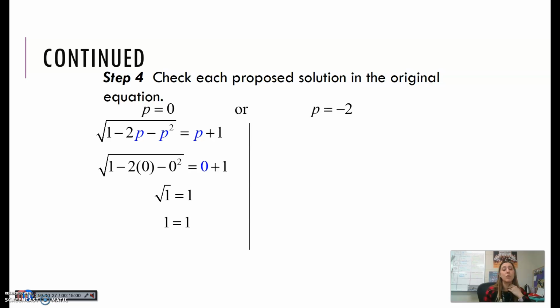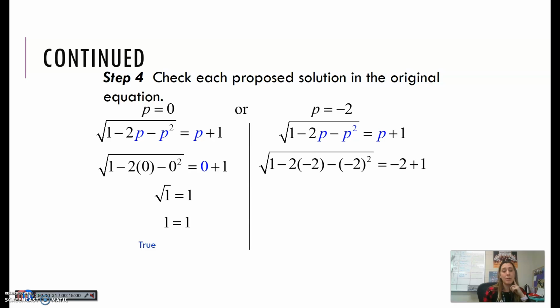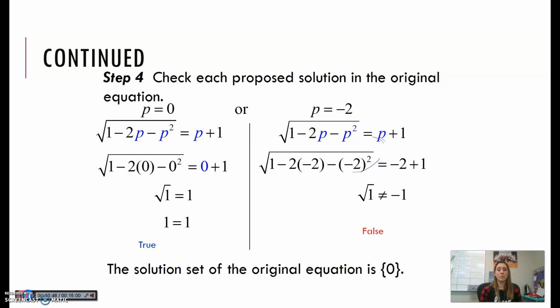The square root of 1 is equal to 1, so we're good there. How about this one where I plug in a negative 2? Again, I'm going to use those parentheses because the second one becomes a positive 4, but this becomes a negative 4, so we have to be careful. I end up with the square root of 1 is not equal to negative 1. So my solution set is 0.